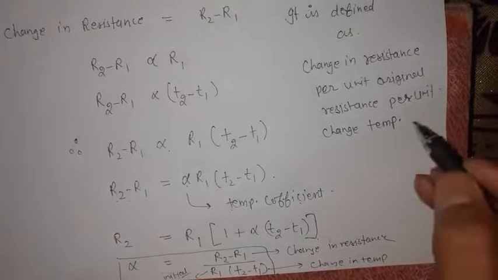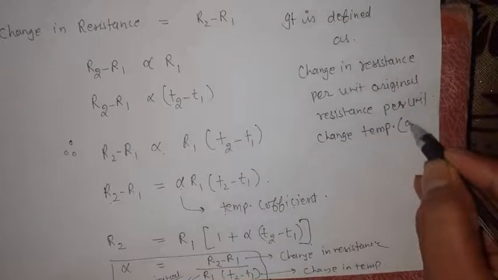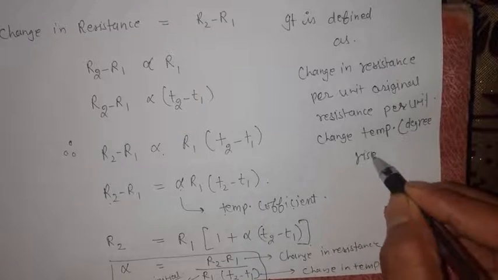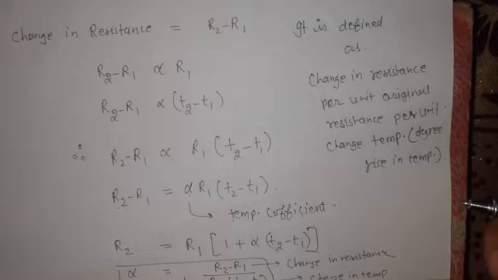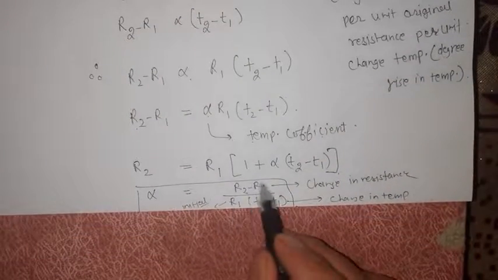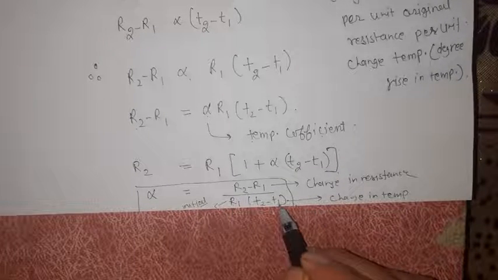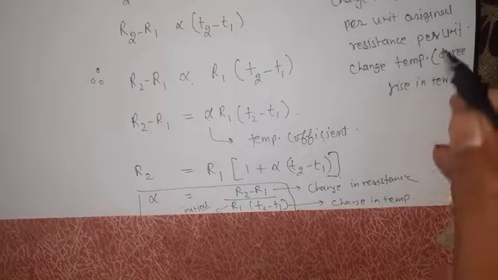Okay, or per unit degree rise in temperature. So this is what we have as the temperature coefficient. Okay, so what is the temperature coefficient? It is the change in resistance per unit initial resistance and per unit change in temperature.